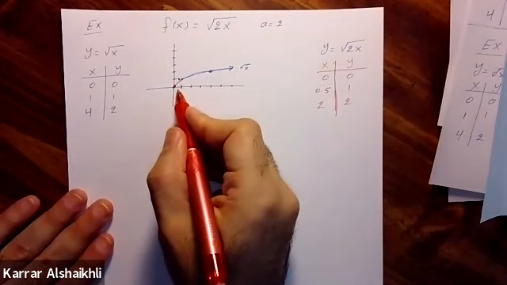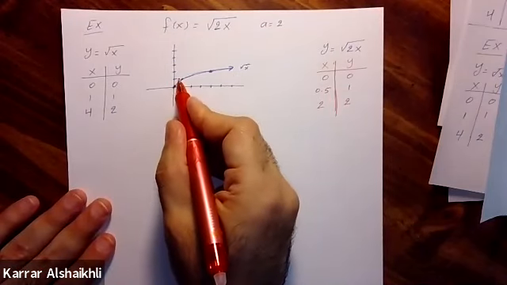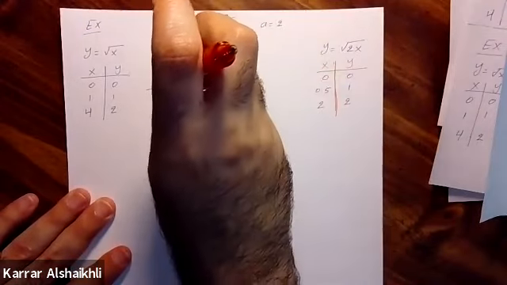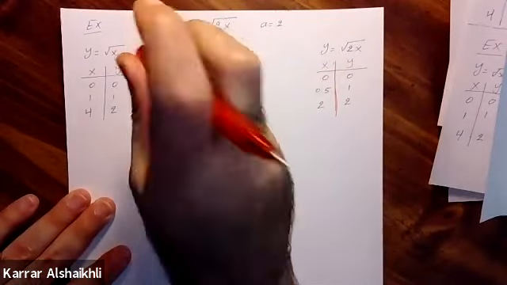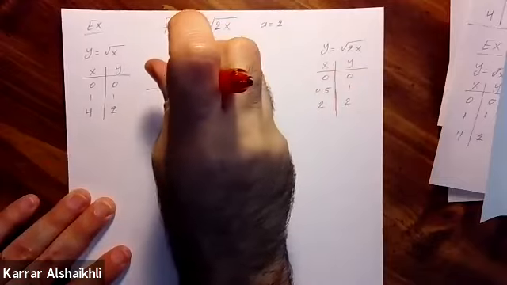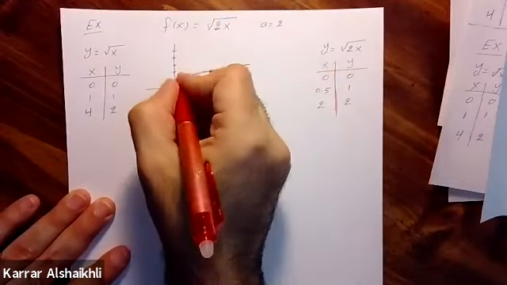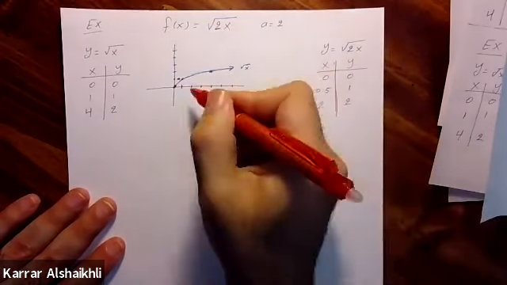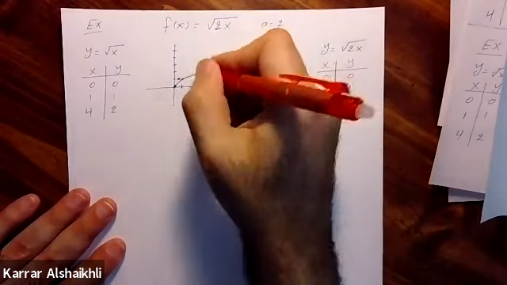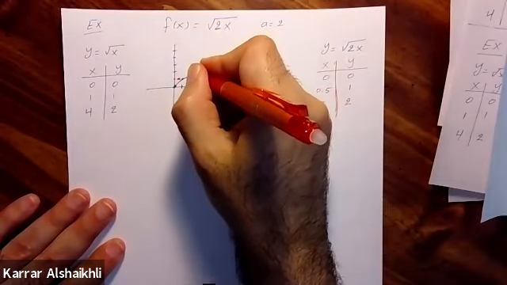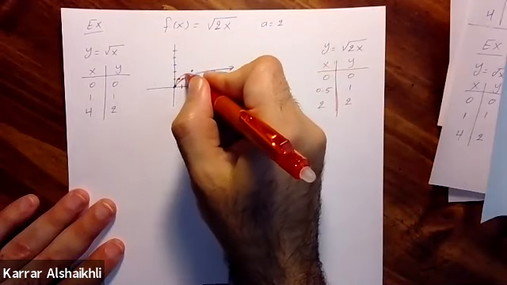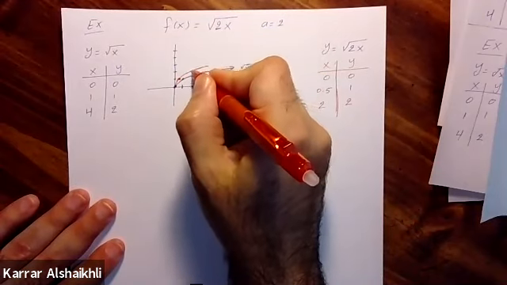This is the half here in the middle between 0 and 1, and here is the 1. And 2, 2. So 1, 2 is going to be here. So this is the new graph, going to be like this.